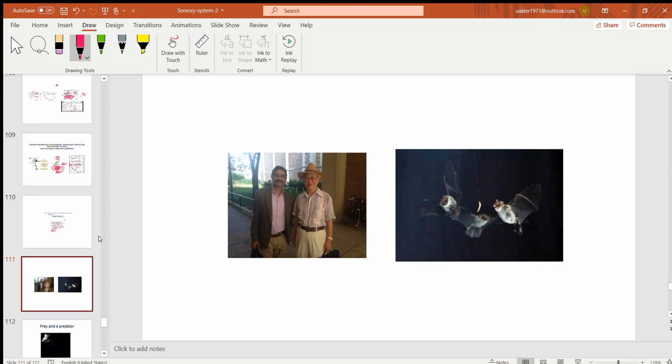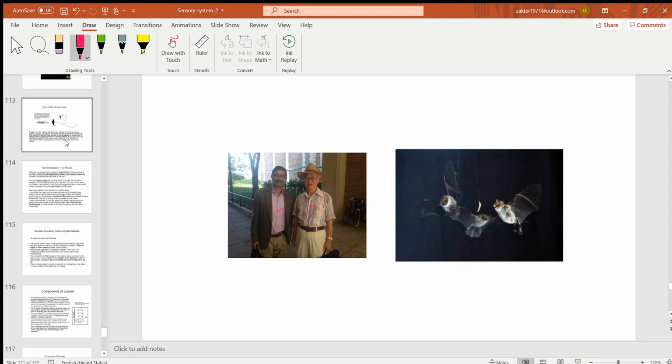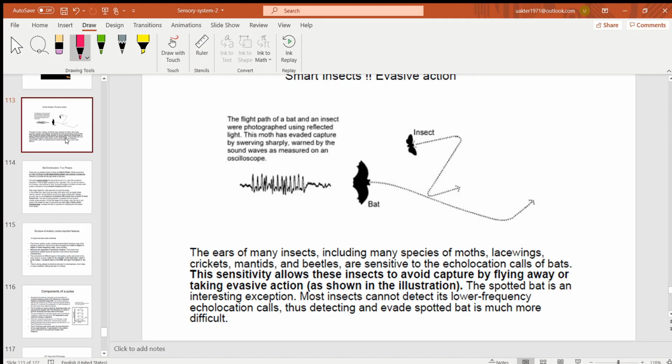This is Professor Suga. He performed many elegant experiments, Nobel Prize deserving experiments on the bats. This is me. I worked with him a few years. So I already talked about this evasive action.